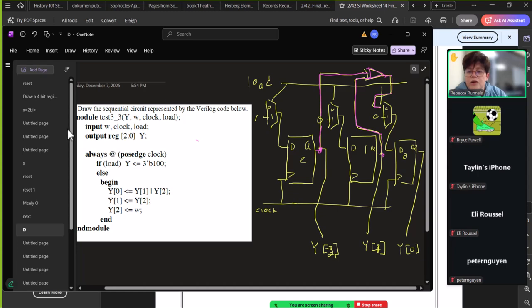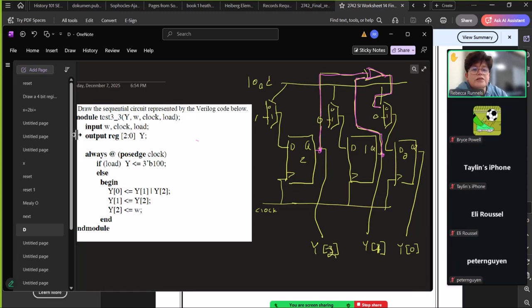Okay. Y1 becomes equal to y2, so I'll take my y2 and put it into y1. Y2 becomes equal to w, so I've got my input w, and that goes into y2. So 2 and 1 are ORed together to get to the multiplexer of 0 for y0.